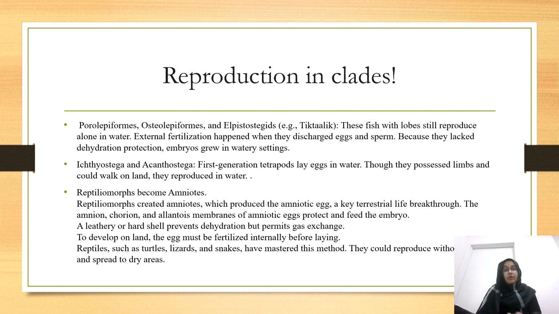They develop on land. They can be fertilized internally before laying. So reptiles such as turtles, lizards, and snakes have mastered this method and they could reproduce without water and spread to dry areas.